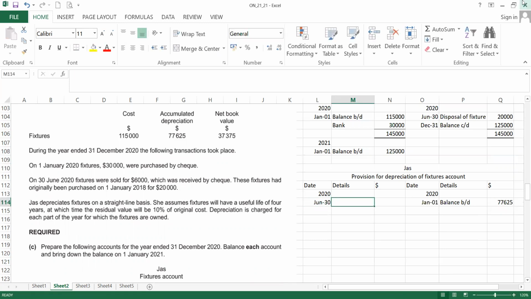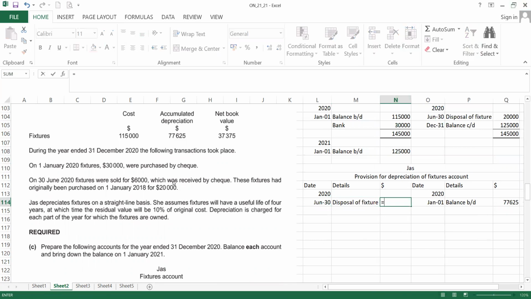So this is a disposal of furniture. So how much is the disposal amount? So we have to count for the amount, which is 20,000 purchased on 1st January 2018. So January 2018. So how many years? Let me put in the information here first. So 2018, 1 year.